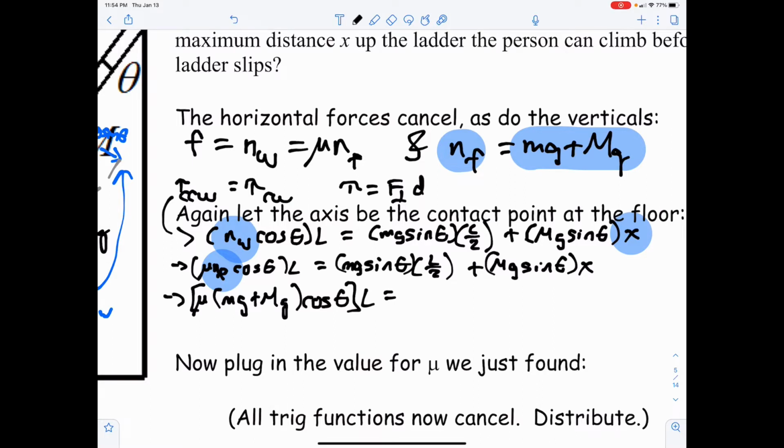The only thing I'm going to do is move the x and the L up in front of the trig function. So I've got little mg over 2 sine theta plus big Mg x sine theta. So we've got to move the L up, and move the x up.